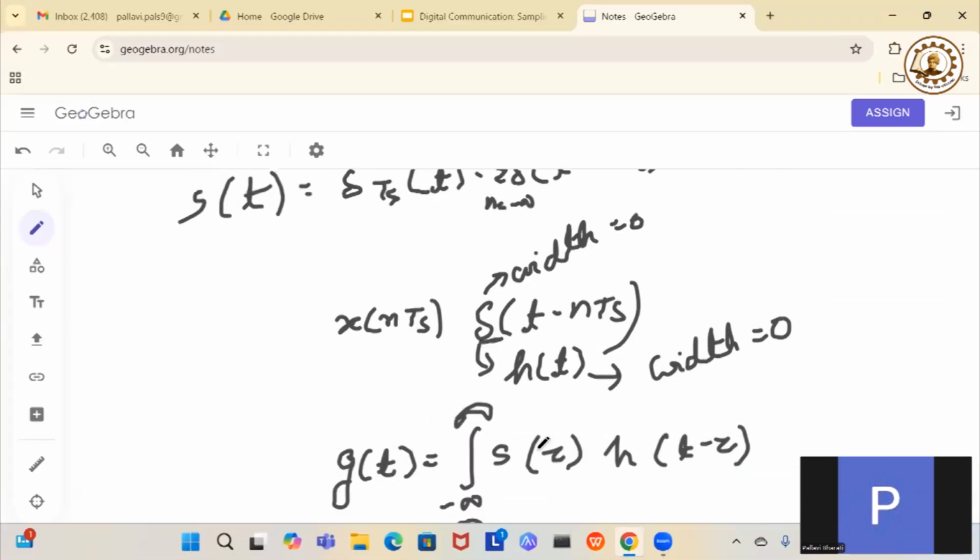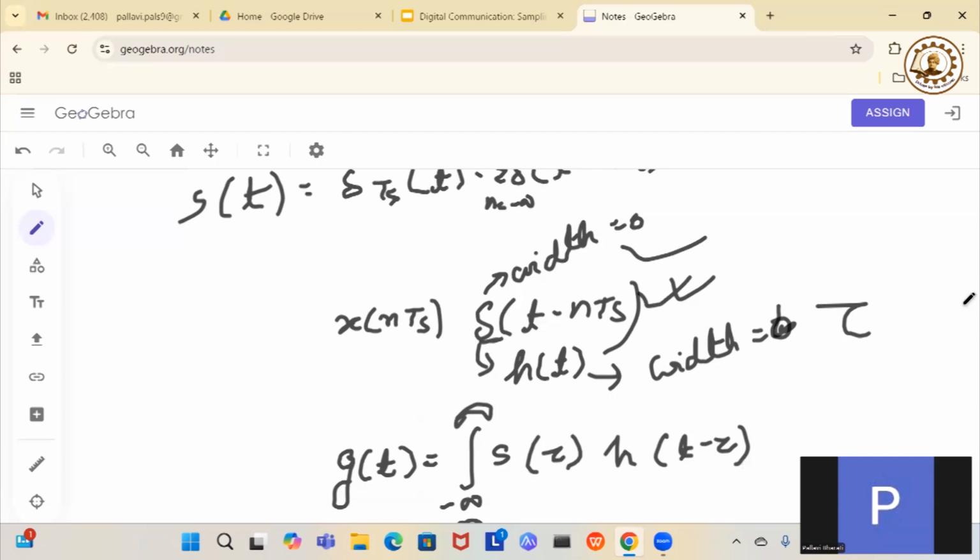This delta(t minus nTs) was your impulse function with width 0. That has been transformed into h(t) with width, say tau, not 0. Now this h(t) is made a train of impulses by shifting it by a certain duration. That duration for us was nTs.